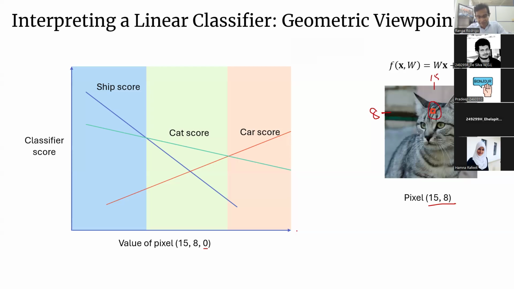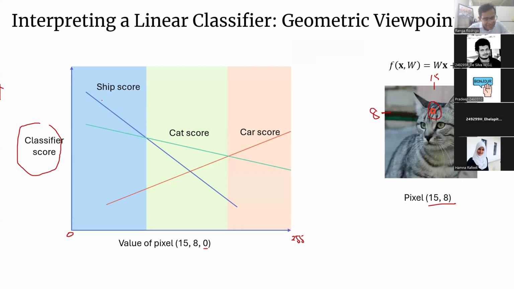So take the value of that pixel. That value may have 0 to 255 values, right? And then we get the classifier score based on only that number. With just one number deciding, that is not correct, but for the time being, let's see.